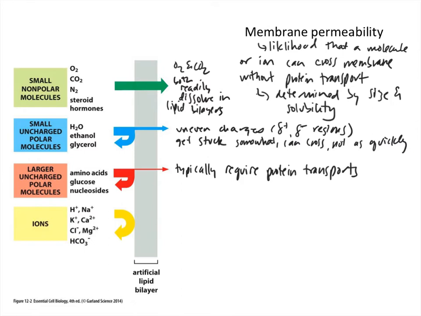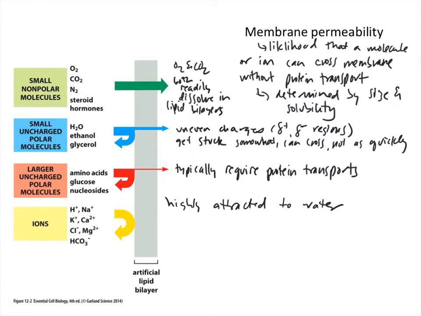Last but not least, this is kind of surprising, ions have the lowest permeability, and so they're almost always turned away from the membrane, and this is because they have a full charge on them, whether it's a full positive or a full negative charge. And basically what that means is that these ions are highly attracted to water, which is going to be, say, on this side of the membrane.